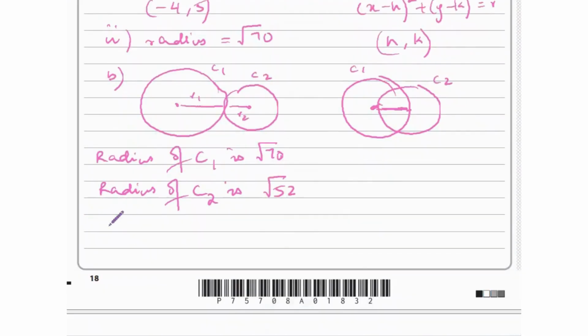So the sum of radii is going to be root 70 plus root 52, and that equals 15.58. Now we're going to use the centers to find the distance between the two centers.